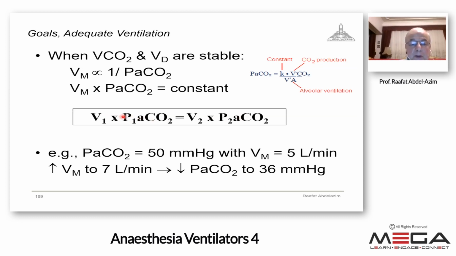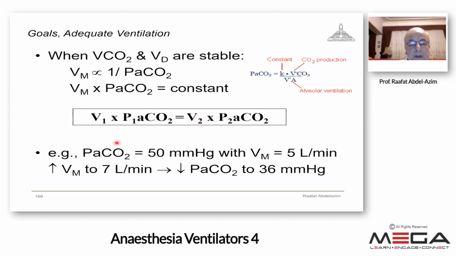So now we have this patient ventilated, having a certain minute volume and a certain PCO2. I want to change the PCO2 to another value, either increase or decrease. So I will utilize this equation to know what to do with the minute volume to change the PCO2 to the P2 value.